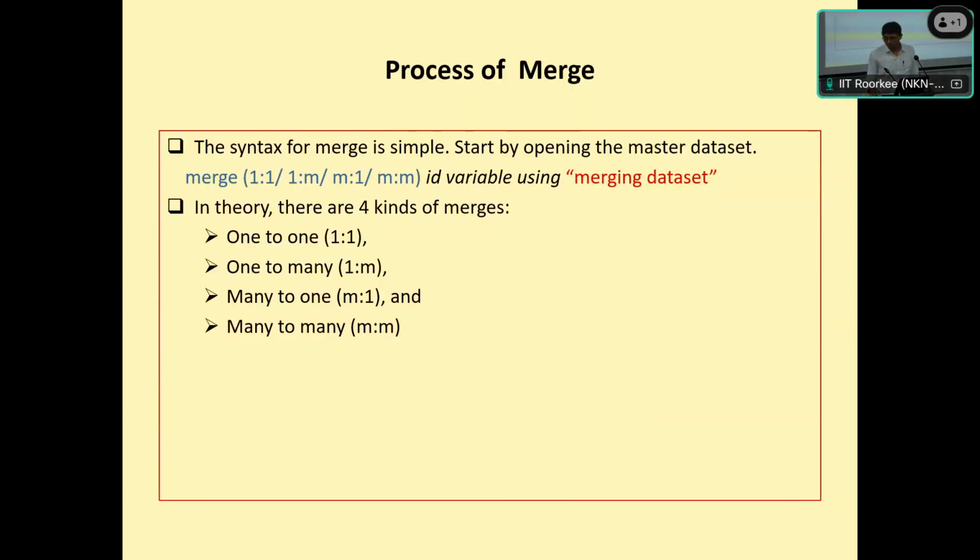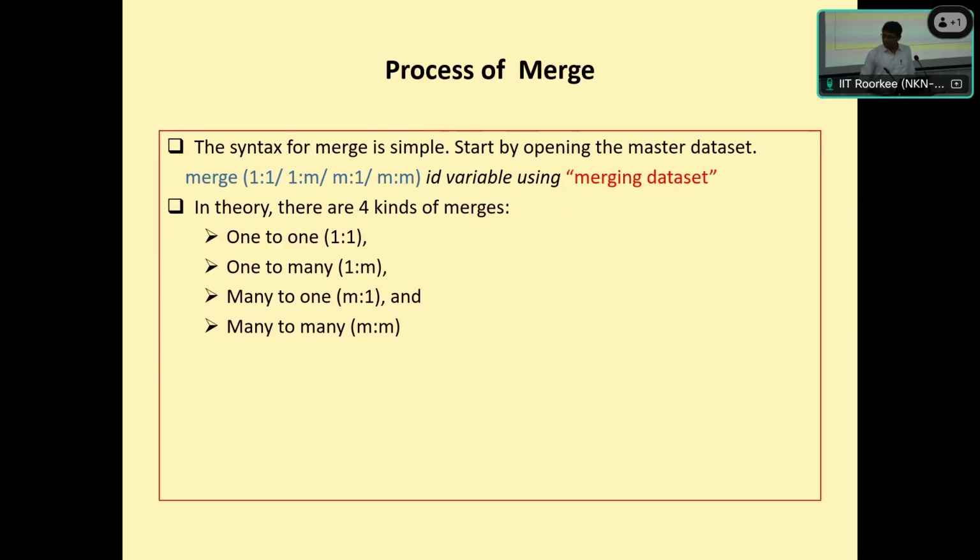So merge one-to-one. There are 4 different ways of merging: one-to-one, one-to-many, many-to-one, or many-to-many. The last one, many-to-many, we usually don't suggest to merge because the master file is not carrying the common IDs of the second file correctly. There is just random matching or merging of different individuals or cases.